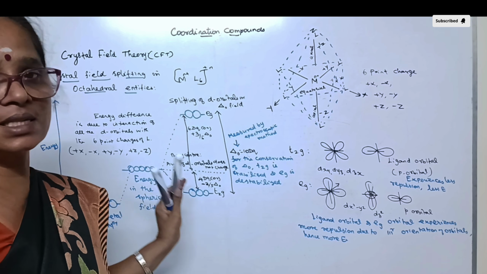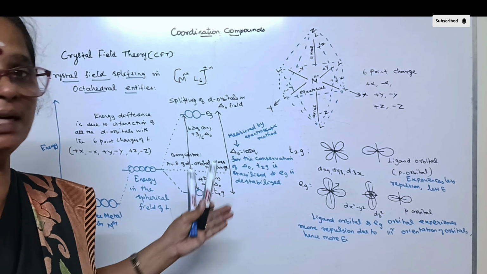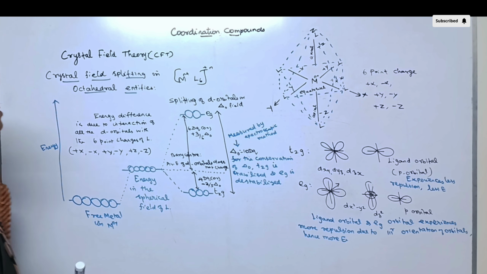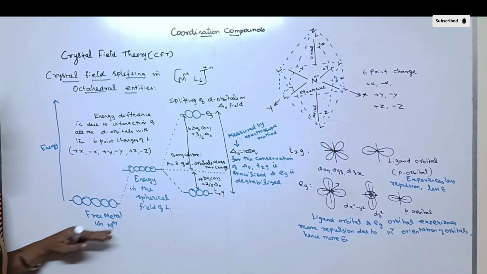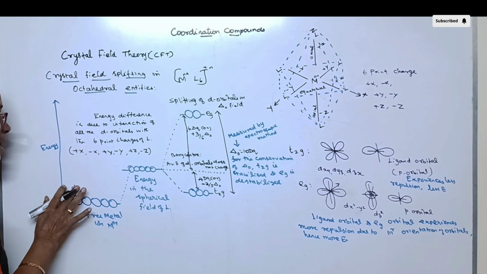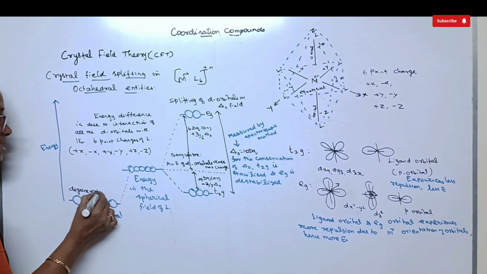How it is conserved and how the d orbitals are split in the presence of the ligands, let us discuss now. In the free metal ion, all the five d orbitals are in a degenerate state.